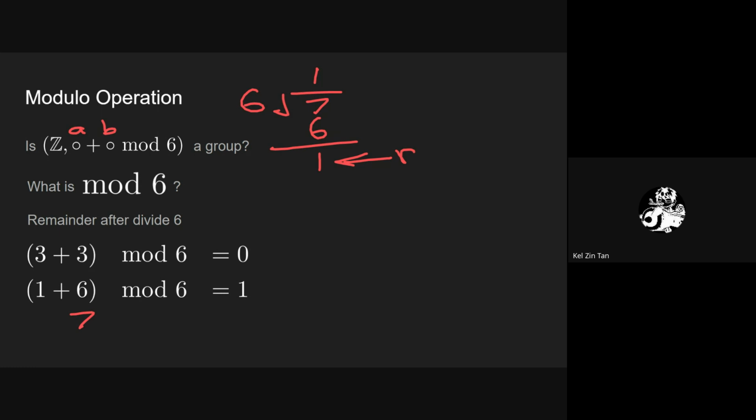Remember that if you want to check whether something is a group, you have to check whether it satisfies all the 4 properties. I'll give it another 10 seconds. Okay, so we have 6 votes saying that it is a group and 3 votes saying that it is not a group. Now let's try and see whether it satisfies all the 4 properties. Let's try and prove it.